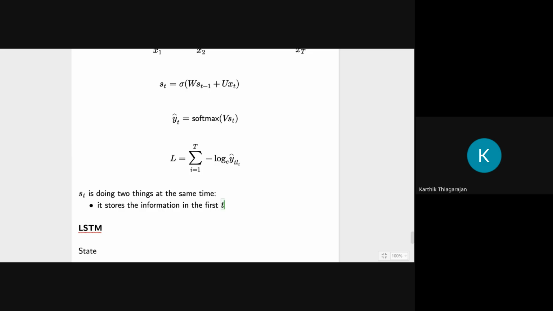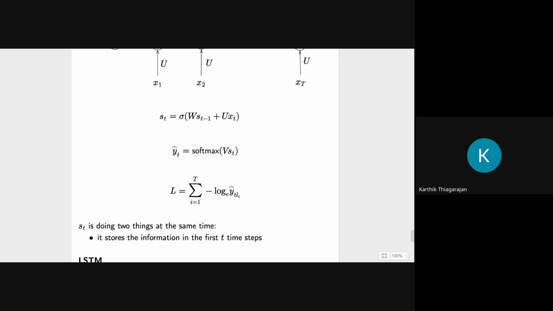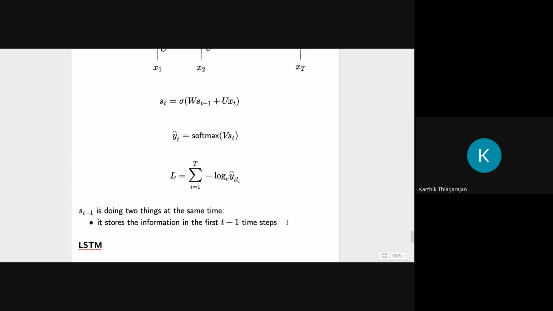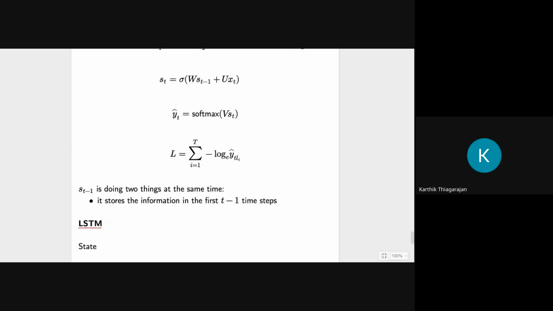So it's like history. You can also view the state as a history vector, right? It has the history of whatever has happened in the first t time steps, so that I can pass on this information. In fact, maybe I can use t-1, right? Yeah, so st-1 holds the information in the first t-1 time steps.